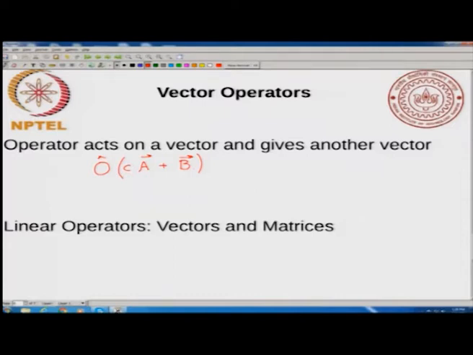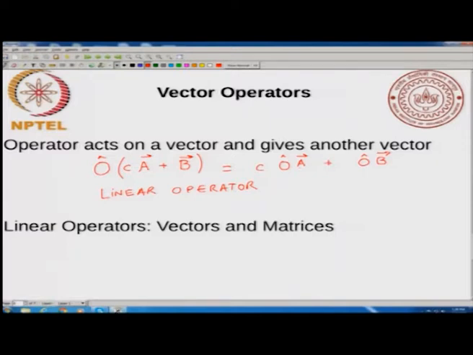If I can write this as C times the operator on A plus the operator on B, then this is called a linear operator. So a linear operator is an operator which, when it acts on a linear combination of vectors, gives a linear combination of the operator acting on each of the vectors.